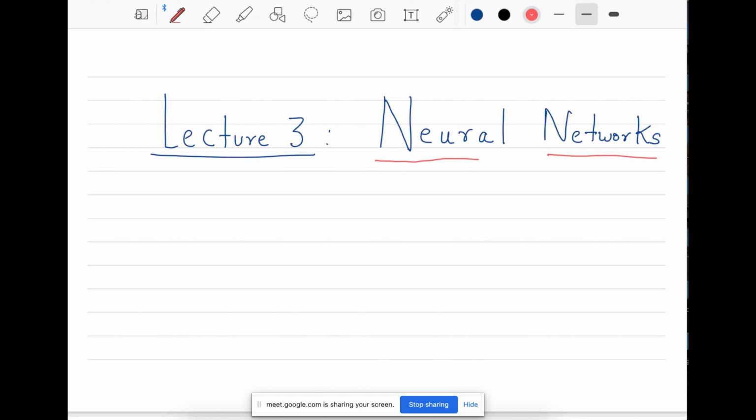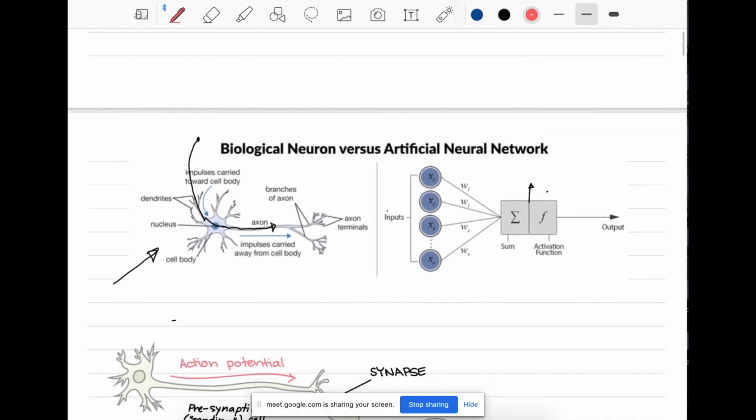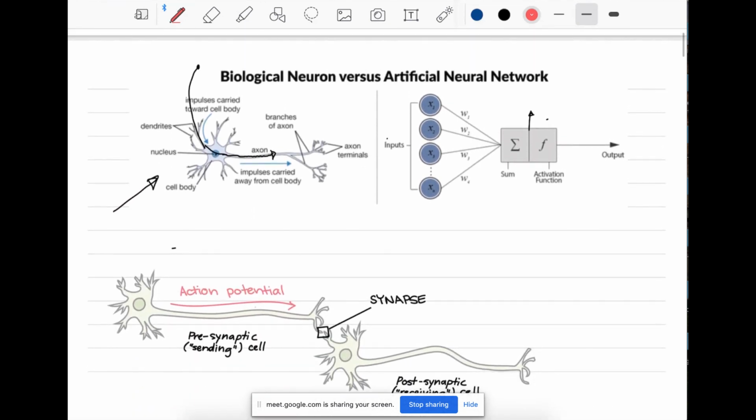It will not be that I immediately show you a neural network and ask you to understand it completely. We will build the neural network step by step, and we will see how it evolves with time.